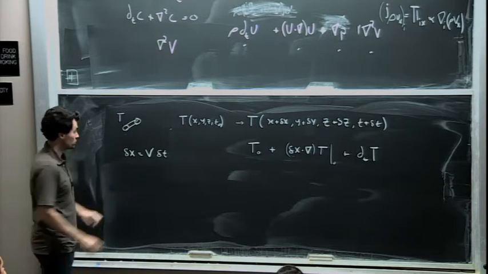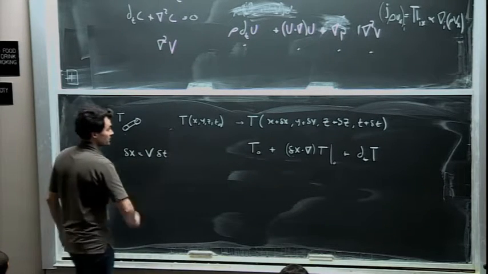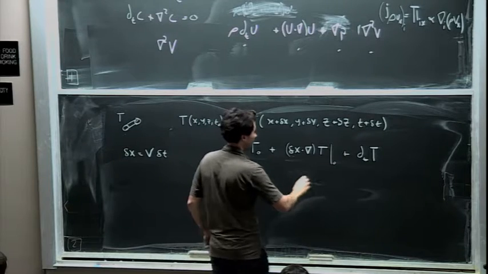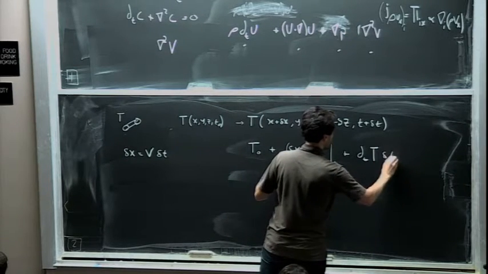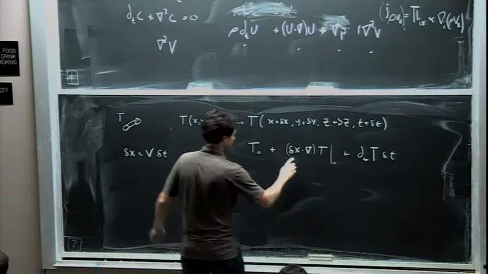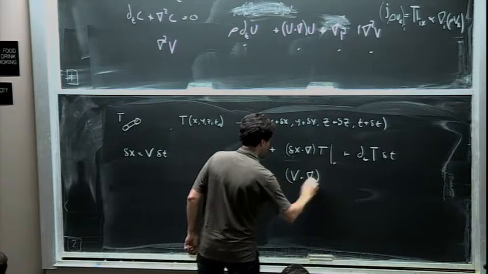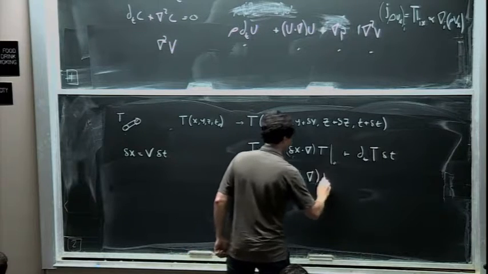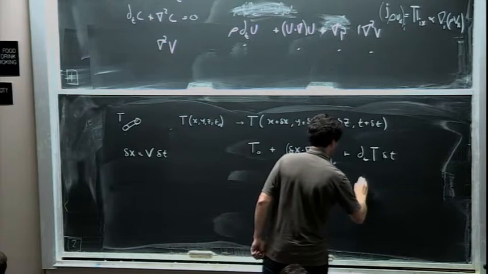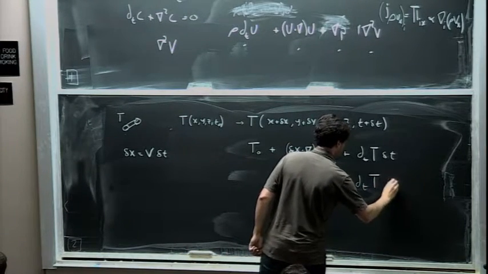It goes with the flow. I'm missing a delta t over here. So I can rewrite this as v dot grad times delta t of my quantity temperature, plus dt of T delta t.